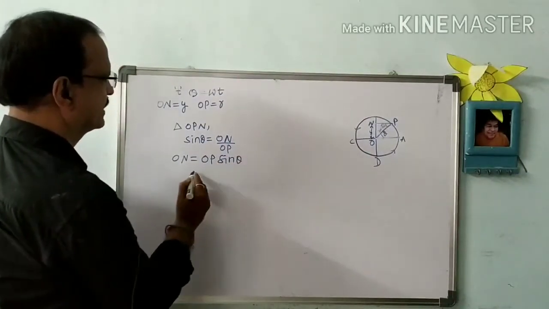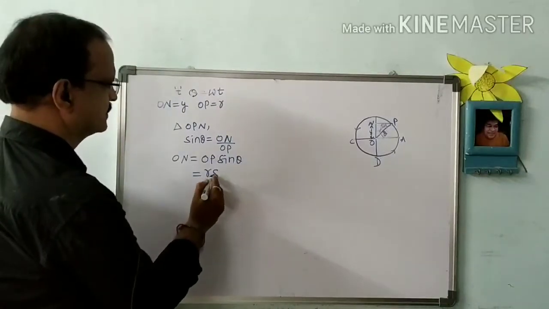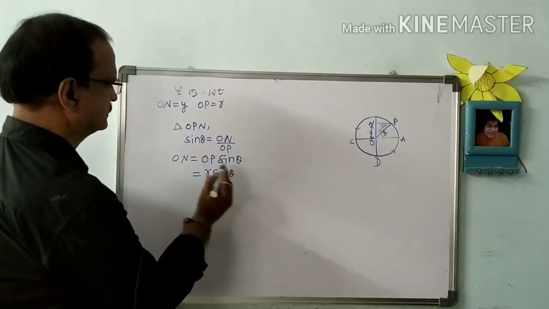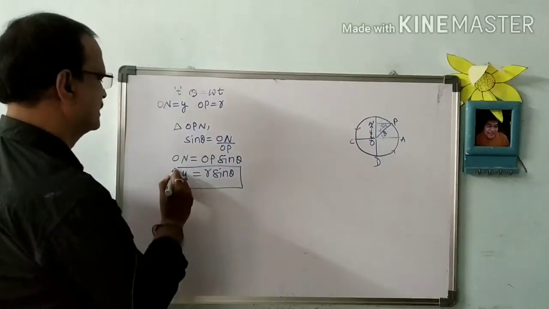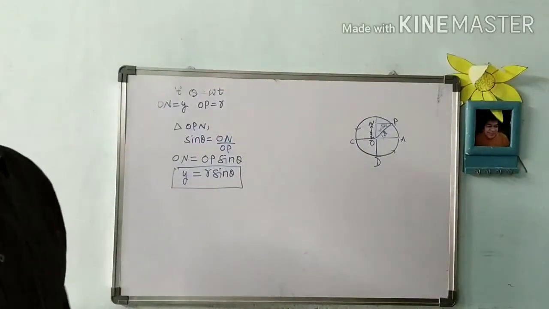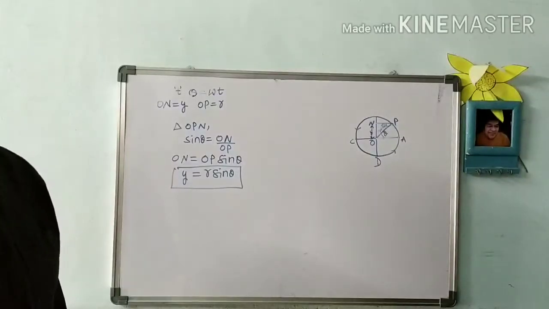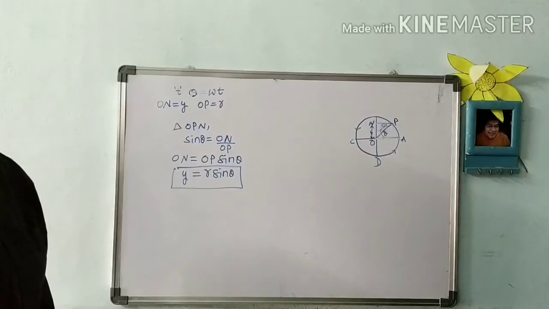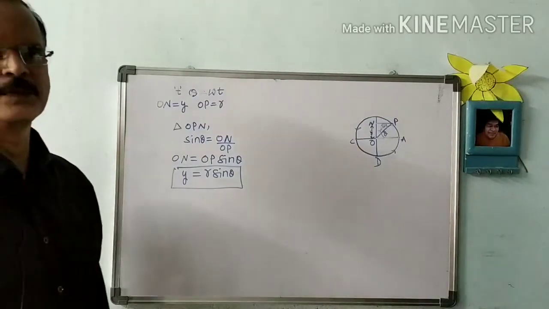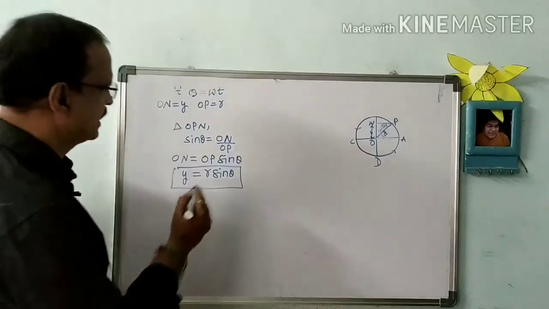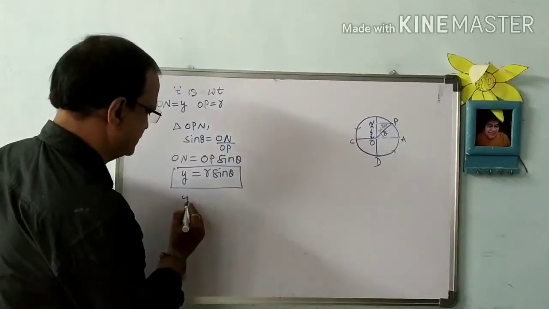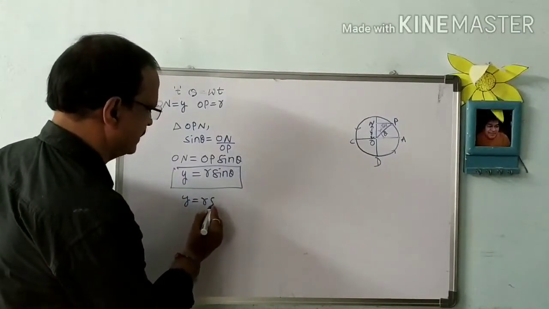OP is nothing but R, so this is equal to R sin theta. And ON we have taken as y. So y is equal to R sin theta is the formula for the displacement of a particle in simple harmonic motion. We can also write this as y is equal to R sin omega t.